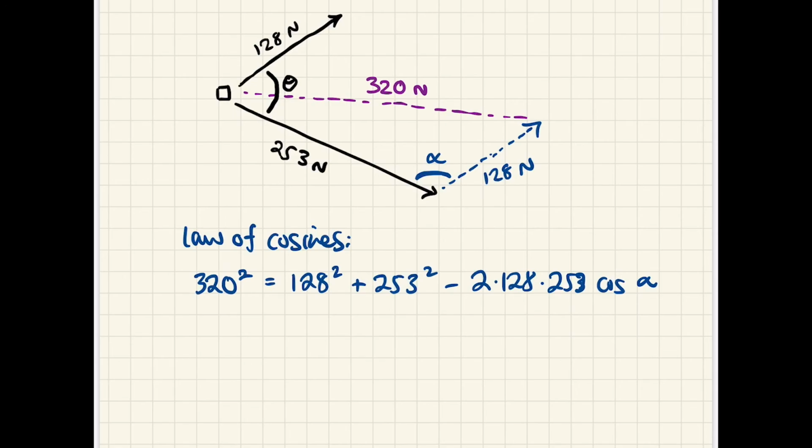Again, let's be very, very careful with this calculation and do it in steps. So the first thing I'll do is 2 times 128 times 253, and I get 64,768. Then we'll do that calculation there, 128 squared plus 253 squared, and I get 80,393.